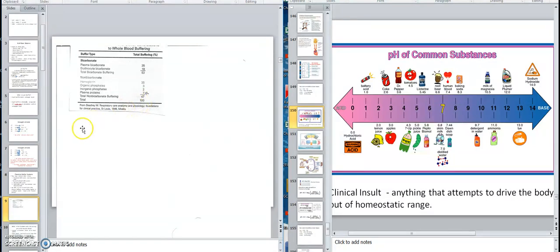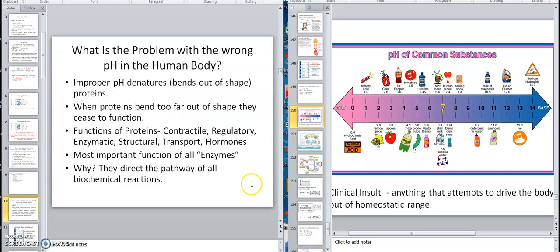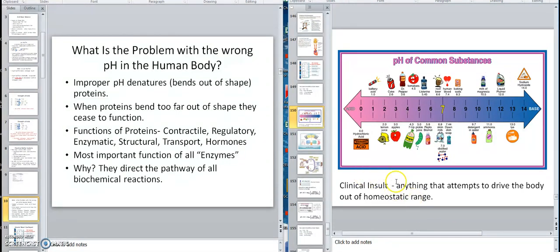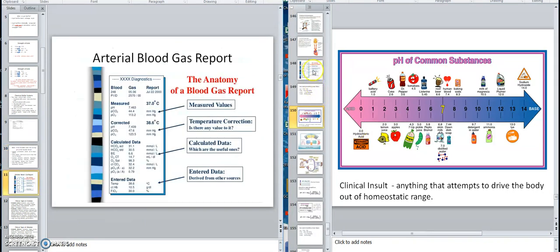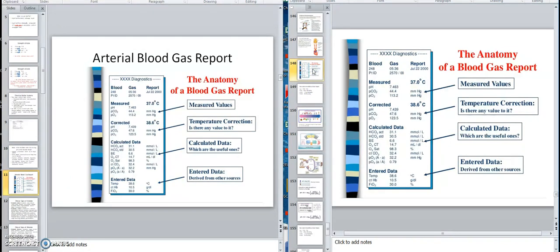Okay, we'll go a little further. A clinical insult is anything that attempts to drive the body out of homeostatic range. So always keep that in mind. Now remember I told you the only time it's mandatory to draw blood from an artery is to do an arterial blood gas.